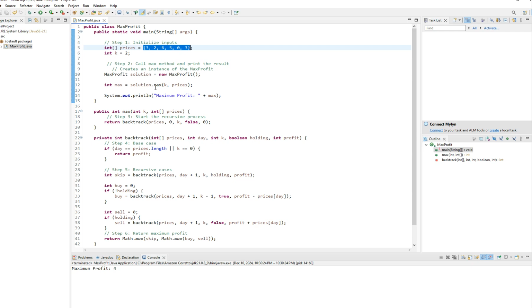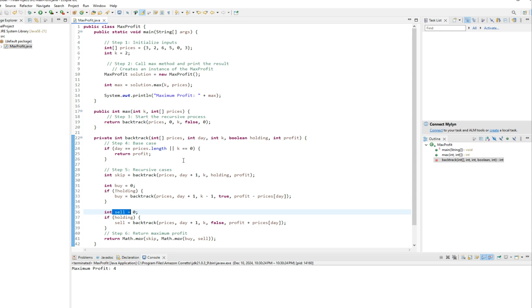The max then will call a method called backtrack, and backtrack is the method where the recursive process happens. Here we have three decisions: either we skip, buy, or sell, and we have the base case.